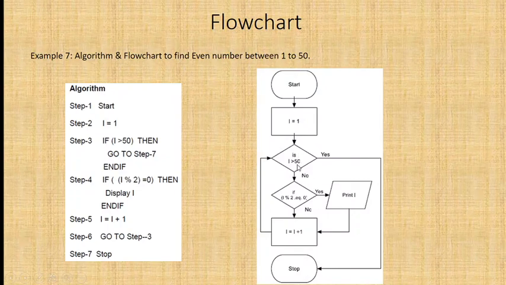If no, then we test whether that number is even or odd. We take modulus by 2, and if it equals 0, yes, so we print I. If no, we just increment the counter and then go back to decision number 1, testing whether I is bigger than 50. So we have a loop here and then we have a decision here.